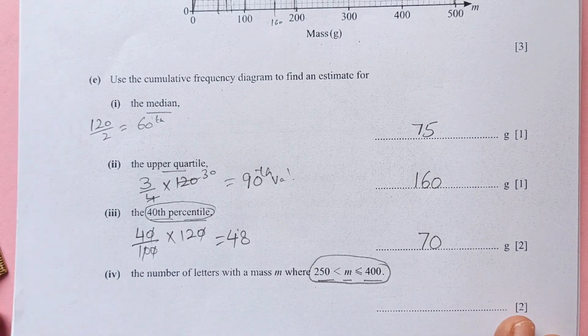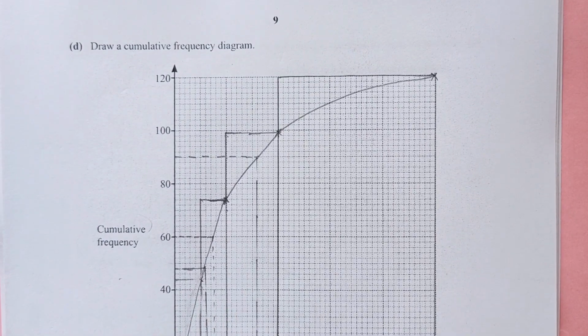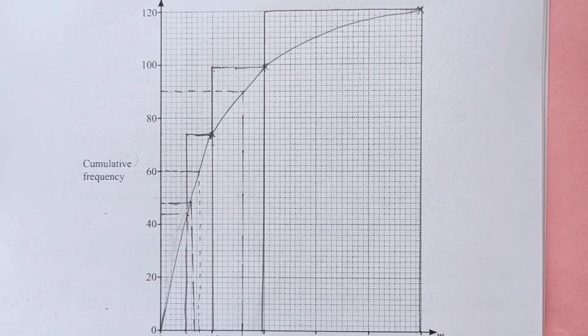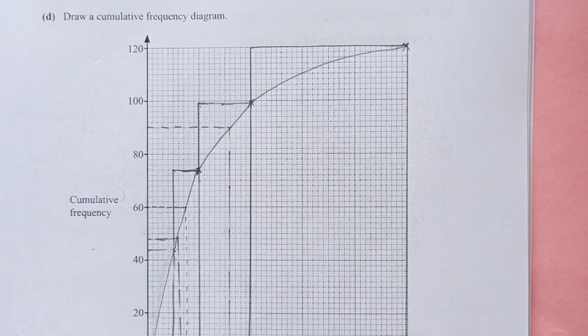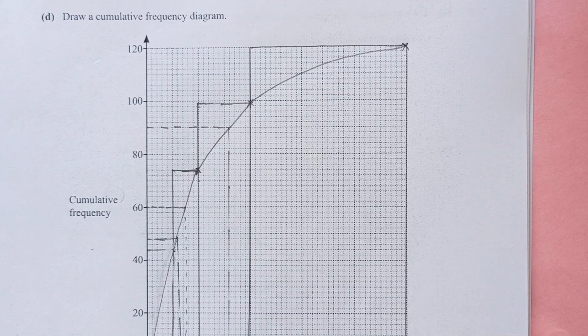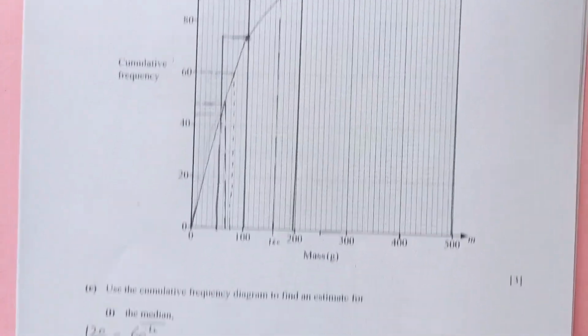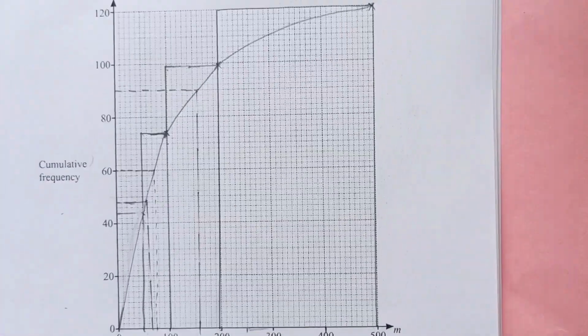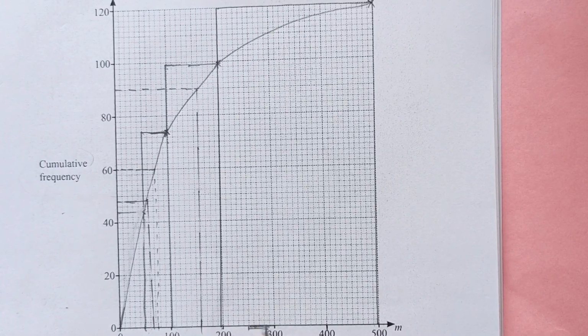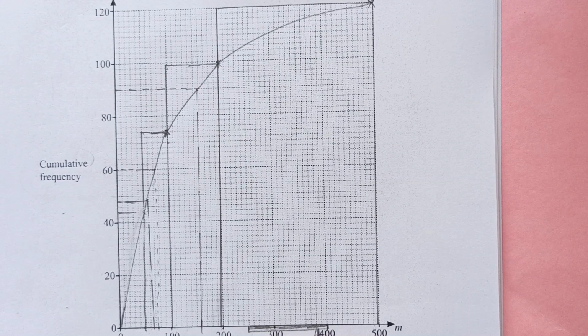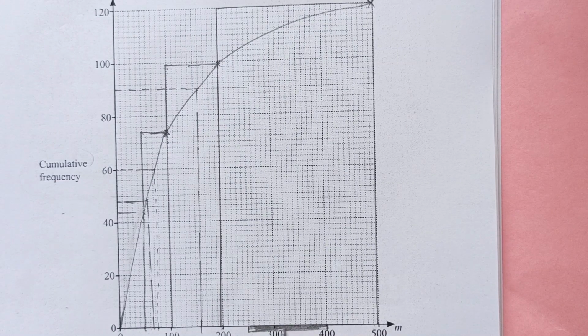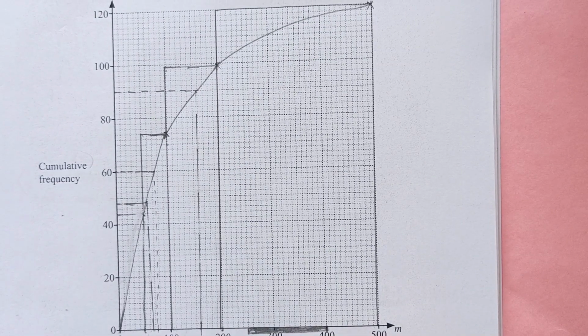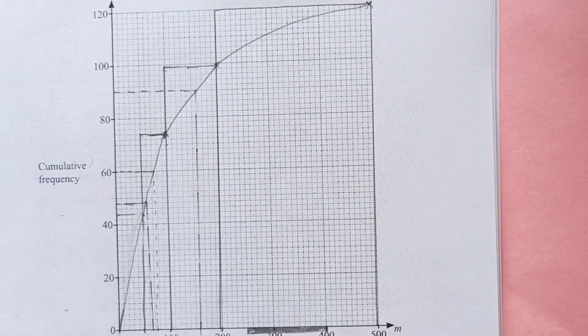So let's see here, 250 and then 400. 250 is going to be in the middle of here, so not this one. 250 is not included because there is no equal sign here, so we are looking for this range of values, right, this one. So now we will go along this line to look into the values.